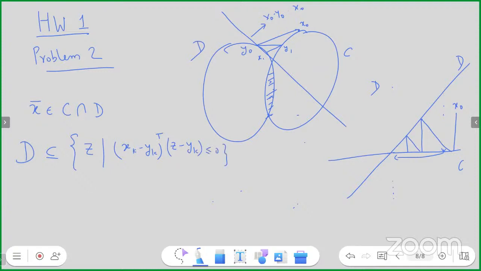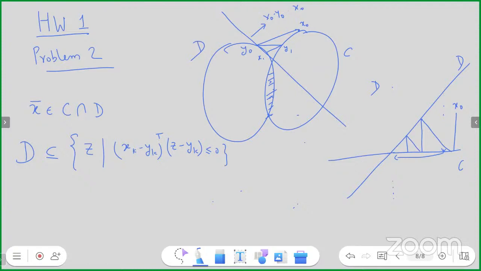My iterates are x0, y0, x1, y1, and so on. This is essentially the step you need. There's nothing more you actually need to do. From here onwards, it will be triangle inequalities, nothing else, and some extraction of sequences or subsequences.